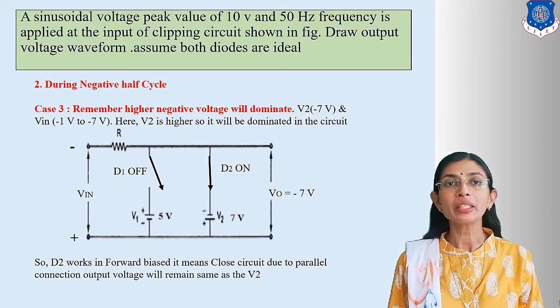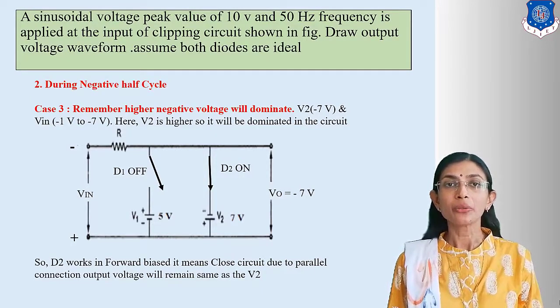Now let me explain the working of this bidirectional clipper during negative half cycle. During negative half cycle, what will happen? D1 is off because D1 is reverse biased continuously for negative half cycle, so D1 acts as an open switch. But what will happen with D2? Let's study.